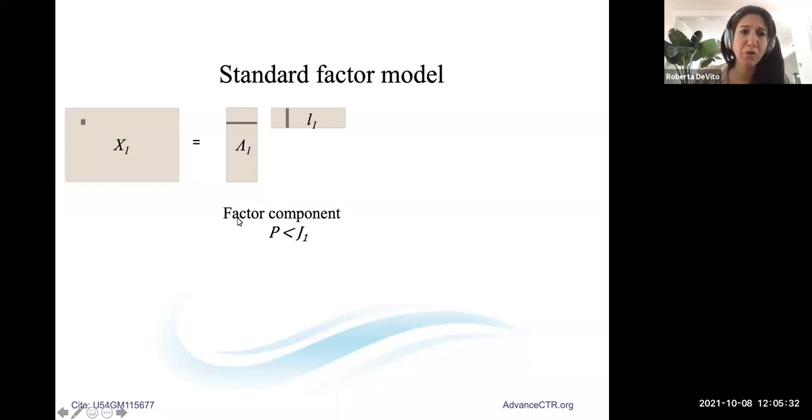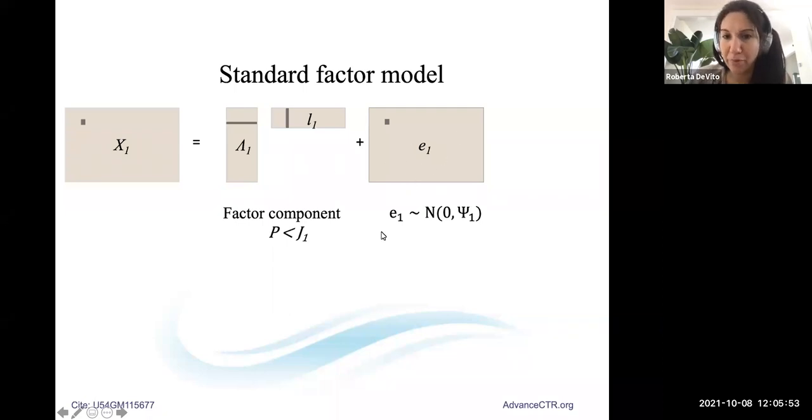So you can describe the observed variables through a few latent factors, where lambda1 describes the coefficients, so how much each latent variable will influence the observed variables. And finally, we have the error component that is normally distributed.